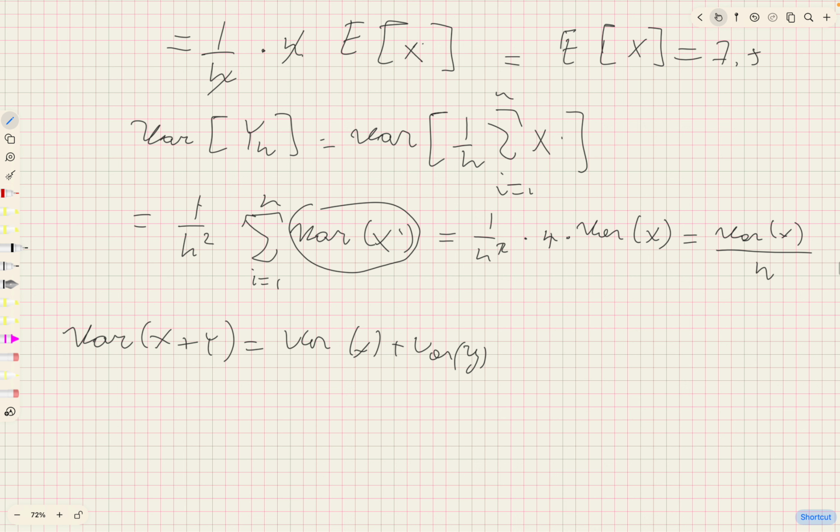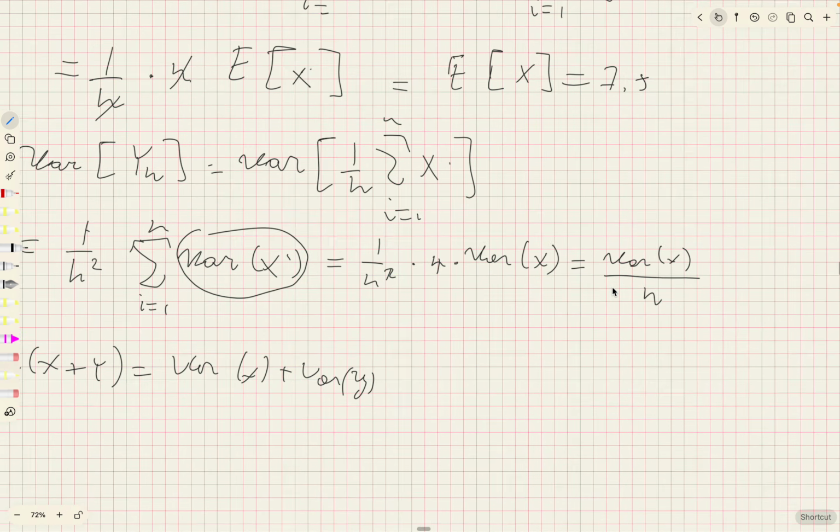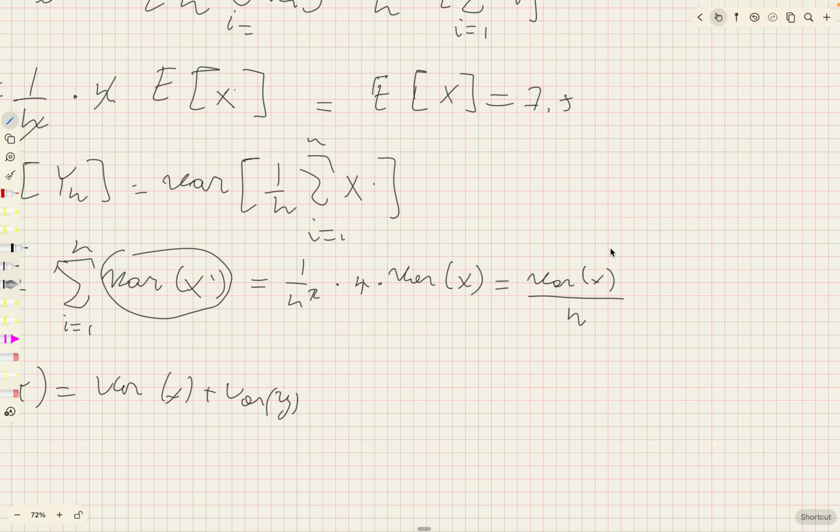The variance of Yn decreases as we increase n, as you can see from this formula. And in our original uniform distribution, the variance of X was 18.75.